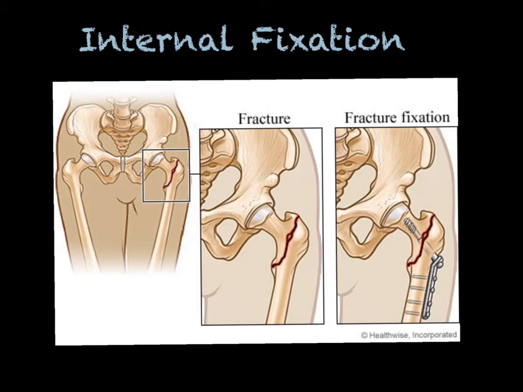So in this case, usually what you'll see is an open reduction internal fixation, where the surgeon will go in, manipulate those bone ends to make sure there's a good approximation for healing, and then they'll place screws, plates, rods, whatever it is they're using. In this case, it looks like they're using the intramedullary nail, and then that plate down the bottom is also stabilized with some more screws.